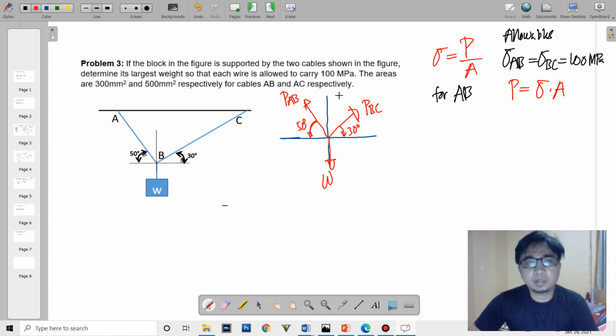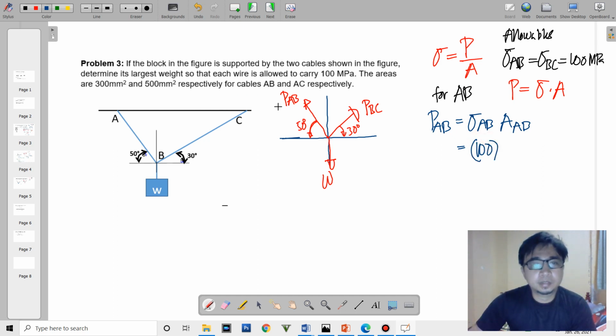So you might think that PAB is simply sigma of AB times area of AB, and then just adopt 100 here, and area for AB is 300.